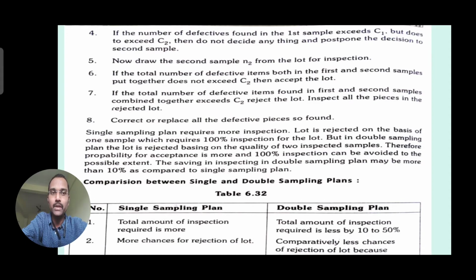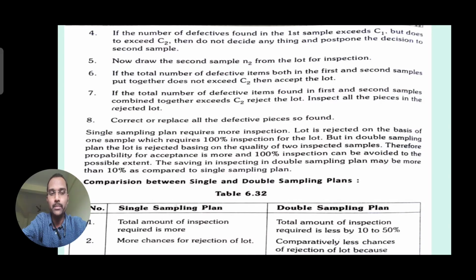Whereas in the double sampling plan, it is based on 2 samples and it can be accepted up to 2 defective items. So therefore the probability of acceptance is more. I think you are getting that idea. In a single sampling plan, if one item is defective, more than that you are getting, it should be rejected.